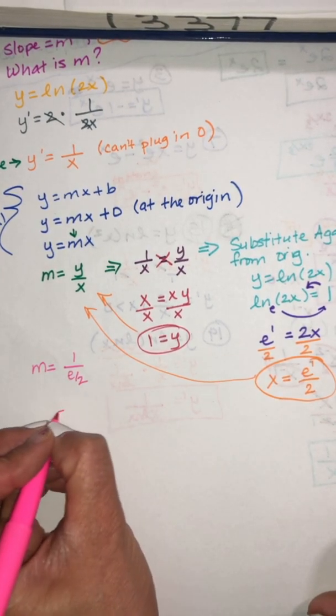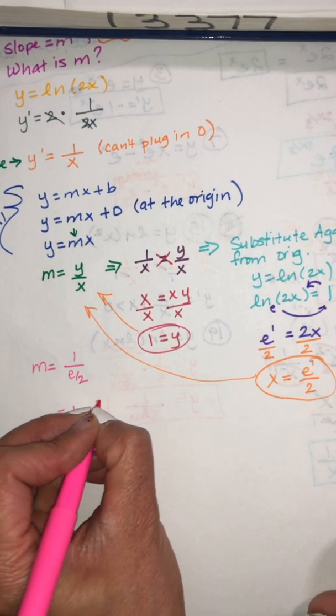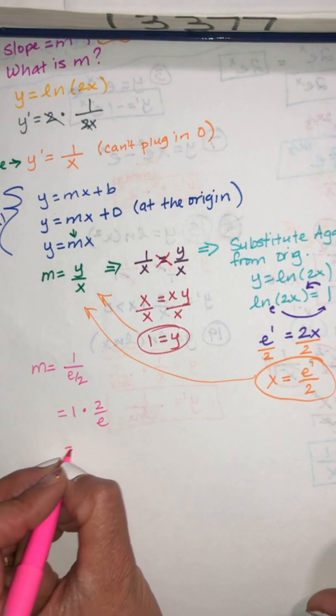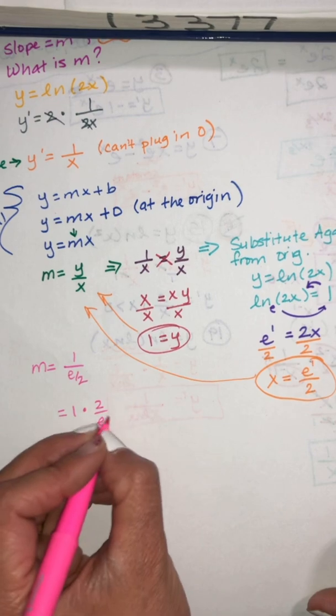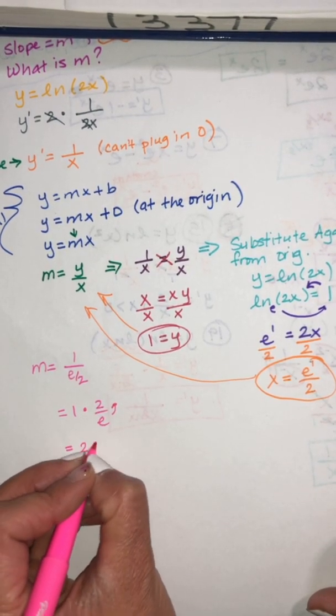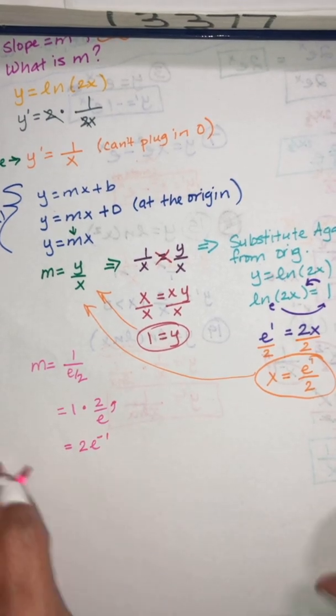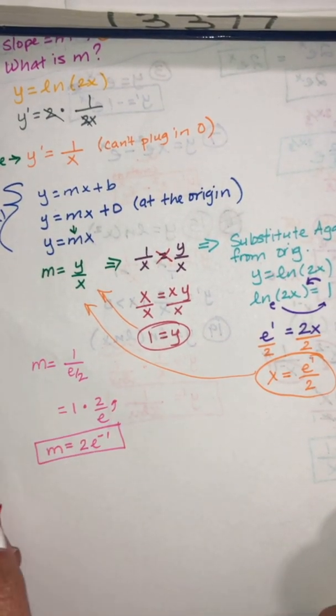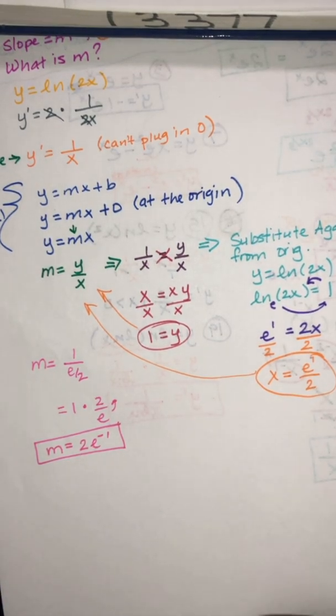Dividing fractions is easy as pie: flip the second and multiply. So 1 times 2 over e is, well, let's write it as 2e to the negative 1 power, because then it doesn't have to be written as a fraction. And there's my slope. That is the correct answer. If you look at the book, that's the answer it gives you.